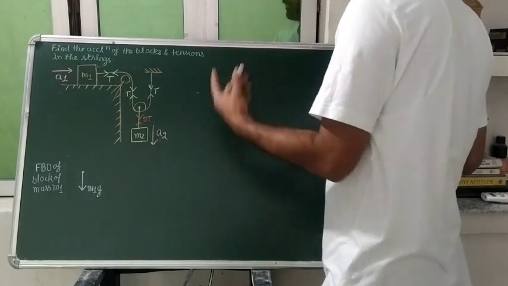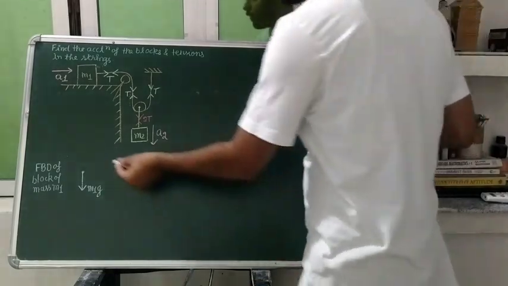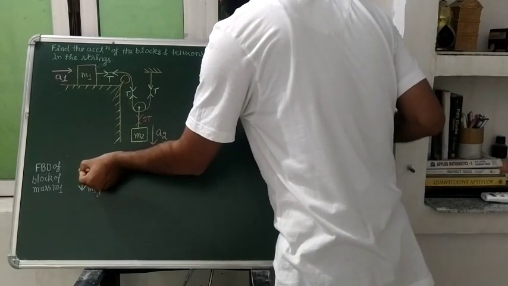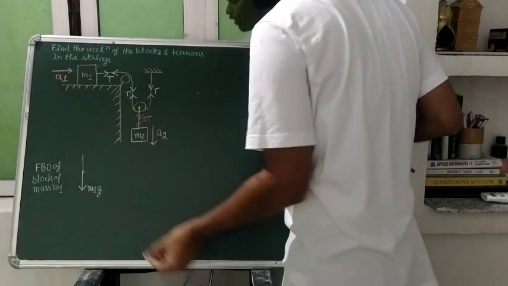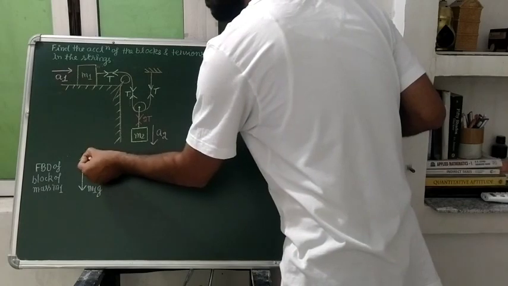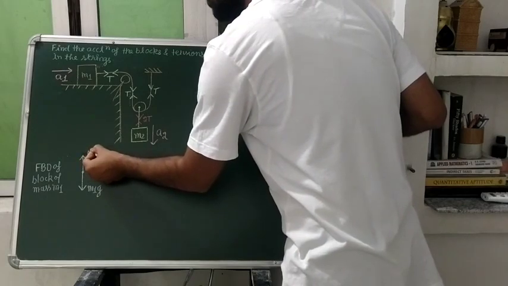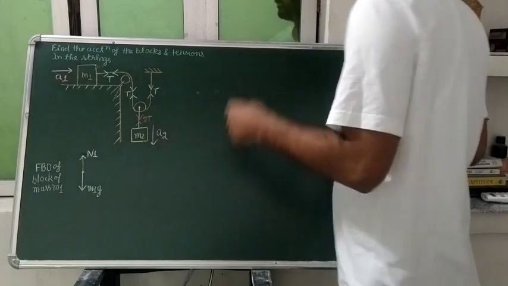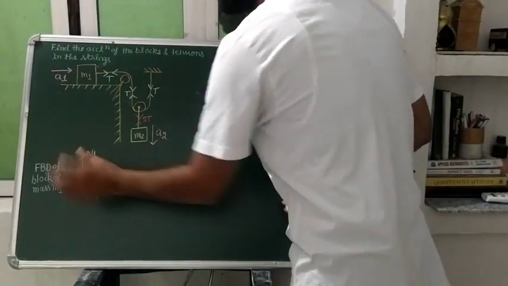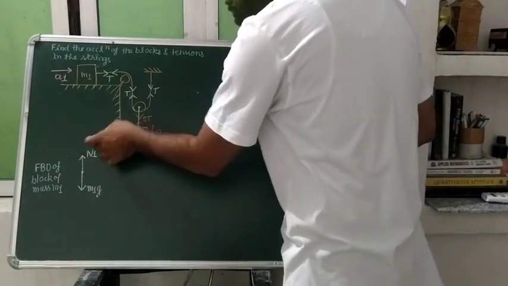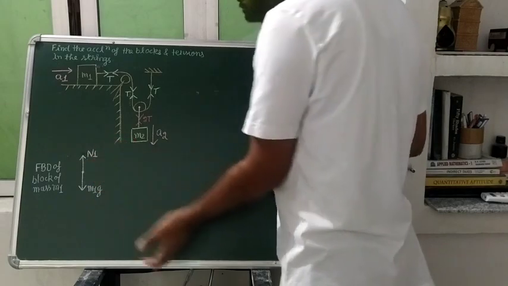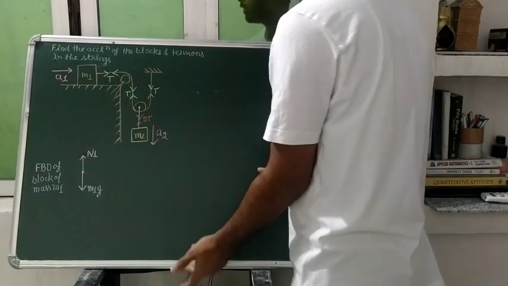And of course, due to the contact present with the surface, a normal reaction will act on it, which we are saying is equal to n1. And obviously, look students, the lengths of these vectors would be the same because they will get balanced. Otherwise, if they were not balanced, one would be more than the other.